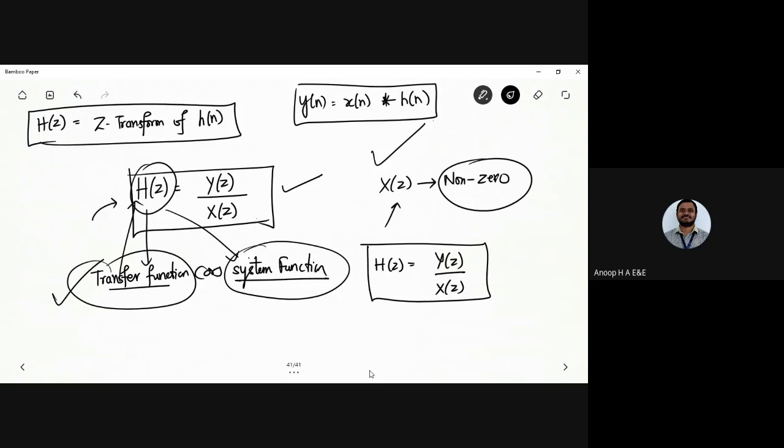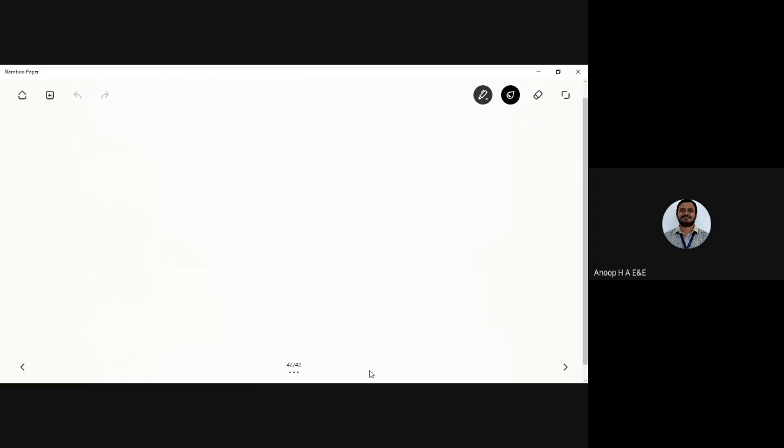So let us go with a problem to understand quite easily how it would depend. First one: a causal system has input x of n and output y of n.